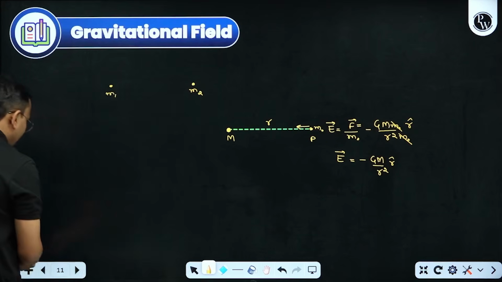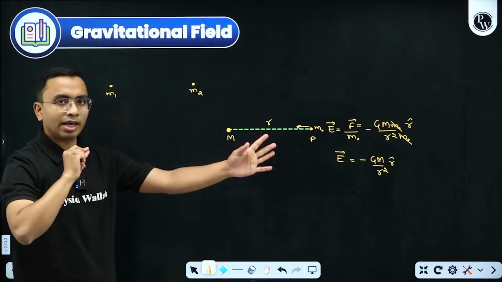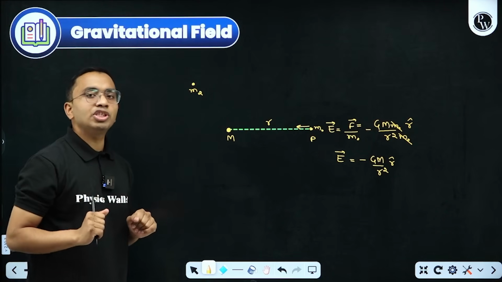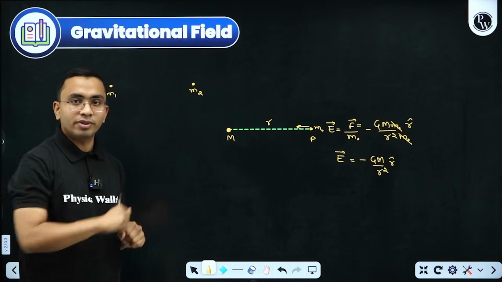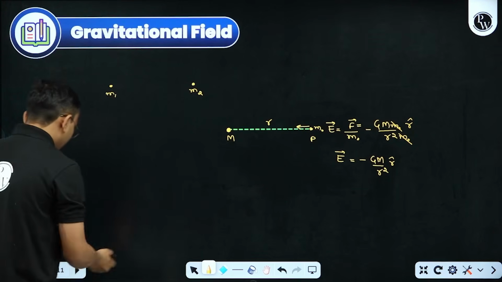Now the point is, due to one point mass at a distance r, I am able to tell that my gravitational field there will be GM by r square. What if there are multiple masses? Then what do we need to use? Again, use the principle of superposition there for field also.